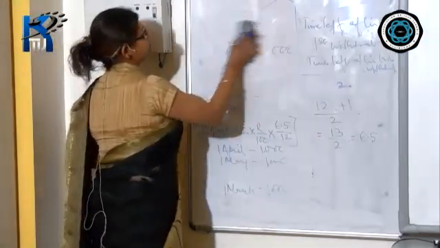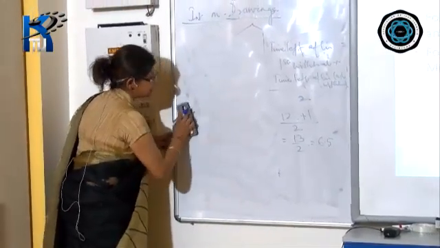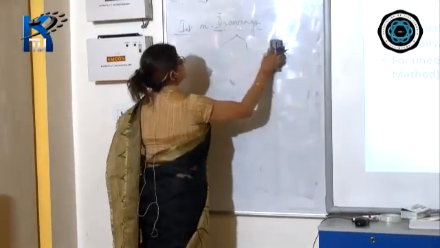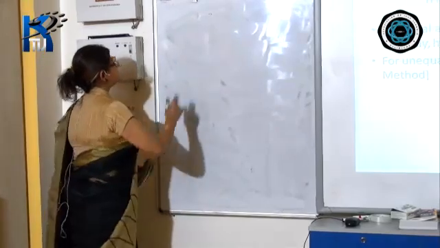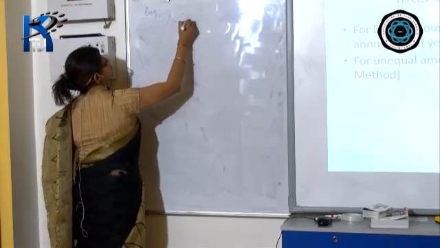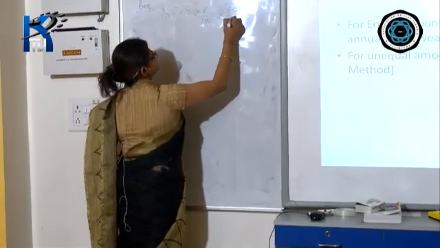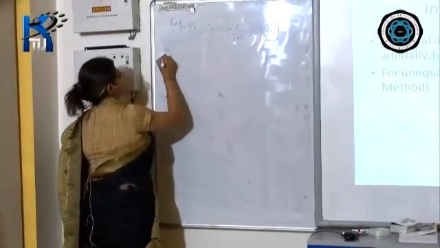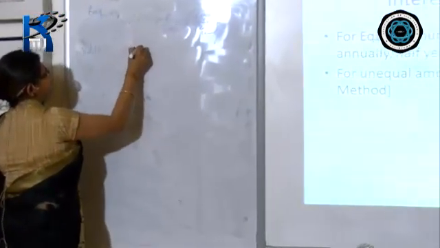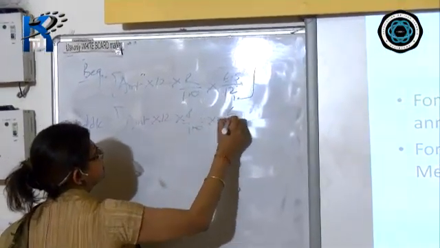Like this, we have the formula for middle of every month, end of every month, for 6 monthly and quarterly also. Let's see how the formulas go. So beginning of every month, we understood: amount into 12 into rate upon 100 into 6.5 by 12. For middle, it would be amount into 12 into rate upon 100 into 6 by 12.